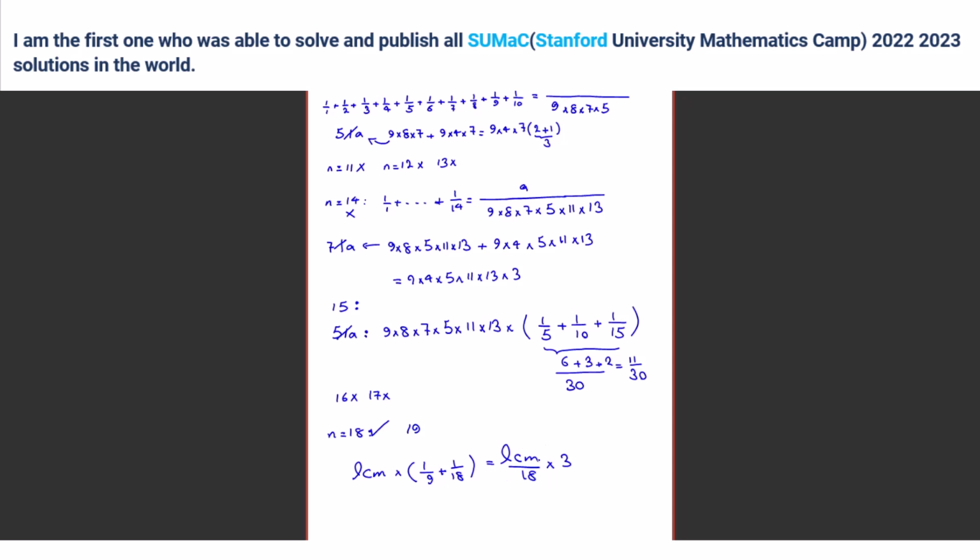LCM of 1 to 18. So because it is a multiple of 3 for 19, if you check also it is a multiple of 3, right? For 20, can you tell me until which number the numerator is a multiple of 3? I think 26. Exactly, because until 26, for 3 only we should check 9 and 18.